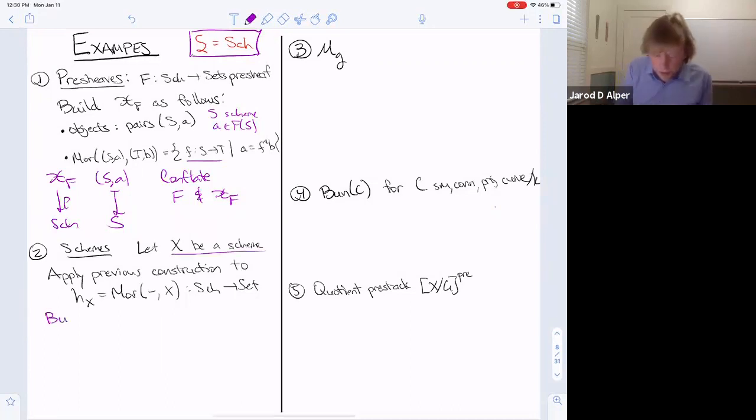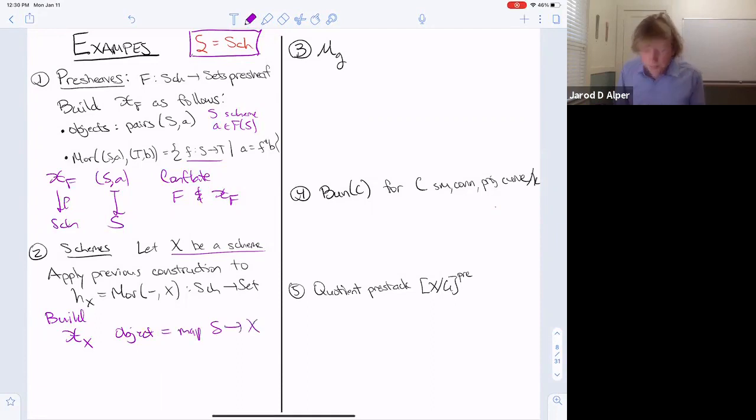So let X be a scheme, and you build the category X with respect to the scheme X. An object is just a map from a scheme S to X, where S is not fixed.